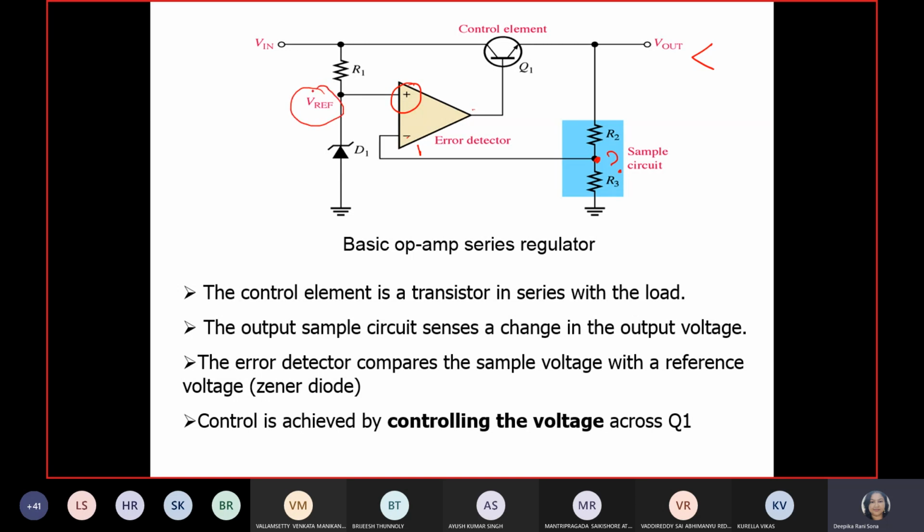Why we call it reference voltage, guys, I'll come to this point later, but presently you remember this reference voltage. This is the circuitry to generate the reference voltage towards the non-inverting input of the op-amp. So where was I, guys? I was at this point. Suppose for some reason the output voltage of the transistor gets reduced.